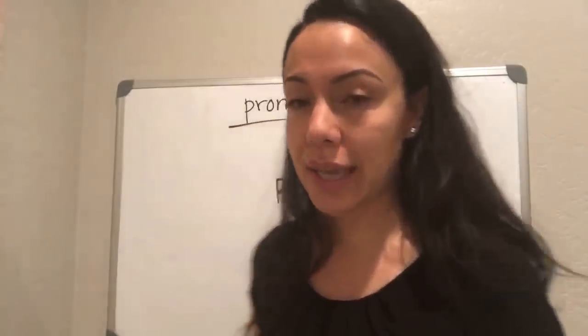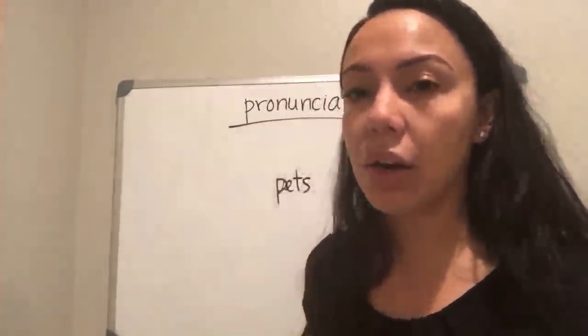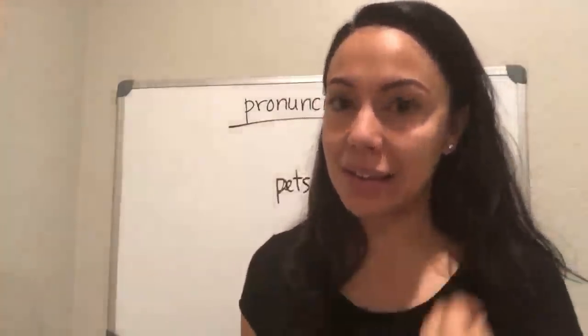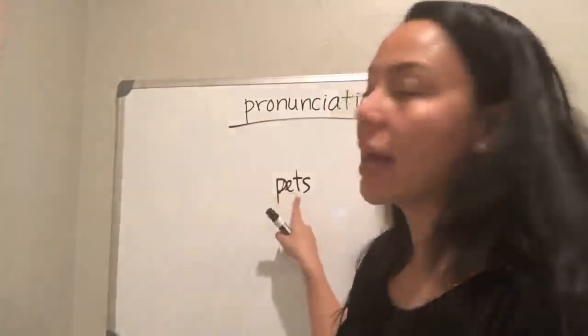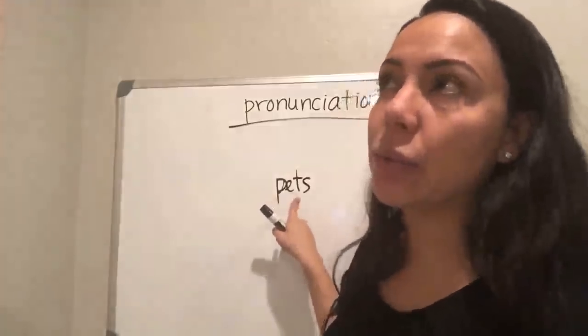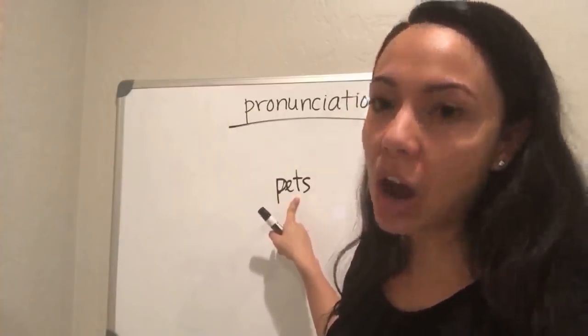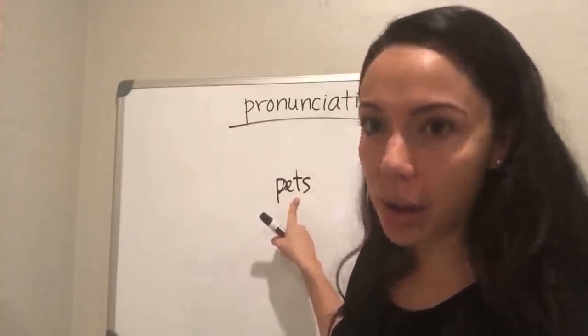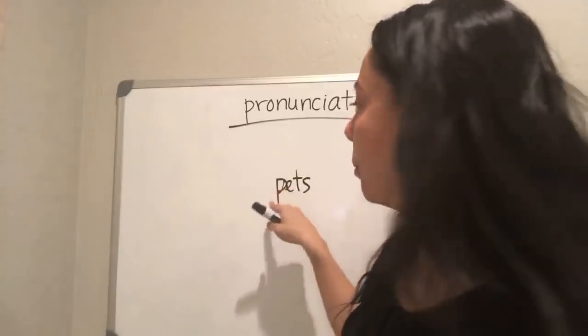However, with American English, we tend to cut off sounds at the end, especially when it has a T. And we call this a T stop. So we call this a stop in linguistics. So for example, the word pat, okay, pats.